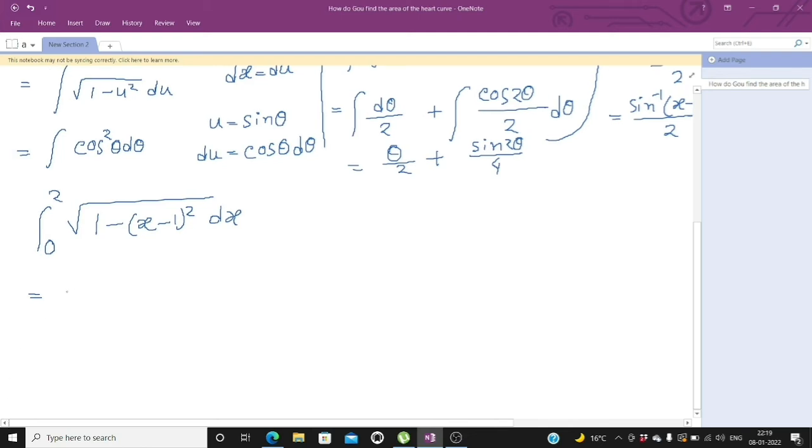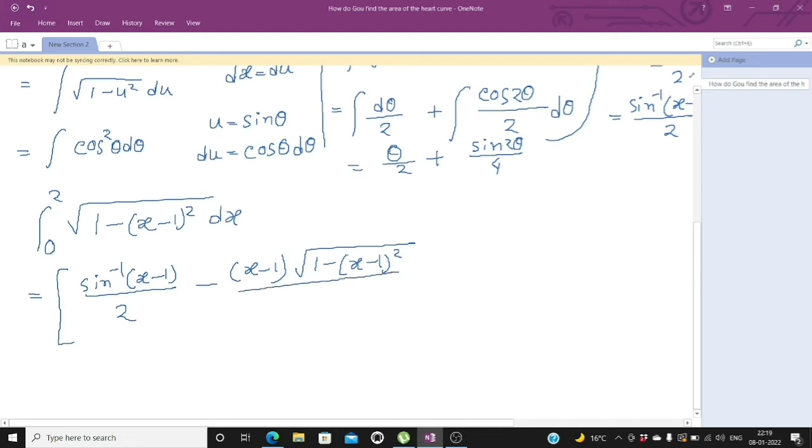So now I will put this limit and it will look like this: sine inverse of (x minus 1) by 2, minus (x minus 1) root under 1 minus (x minus 1) square divided by 2, and we have to calculate this whole limit from 2 to 0.